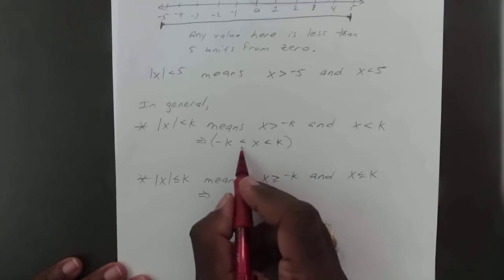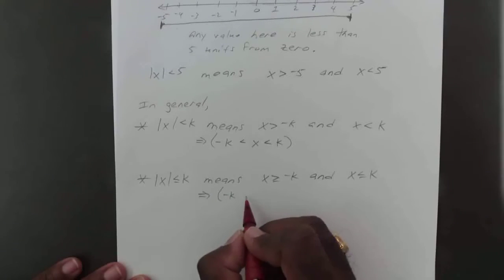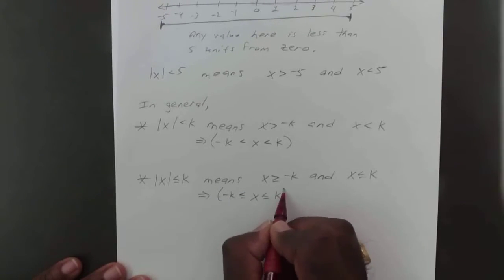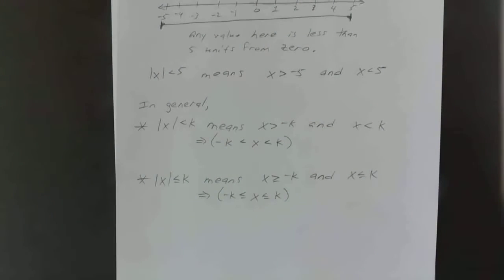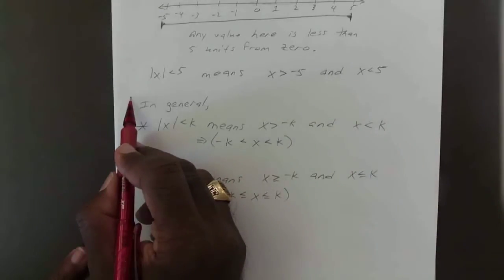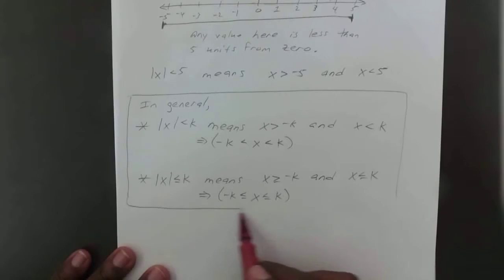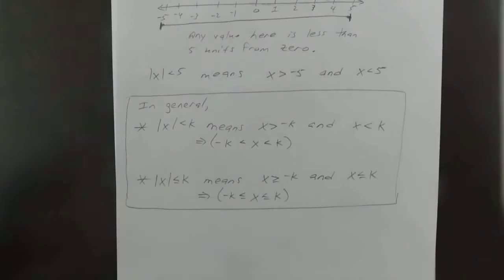And you can also rewrite this one pretty much the same way, where -k is less than or equal to x, less than or equal to k. All right, any questions on that so far? Okay, so the same way we use the equal to formula, we're going to use these two formulas based on whether it's less than or equal to.